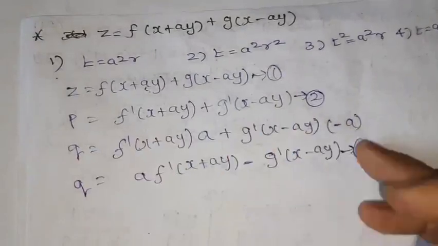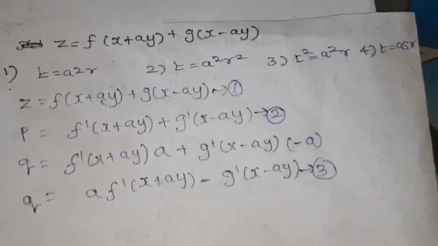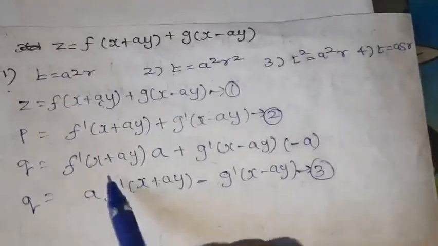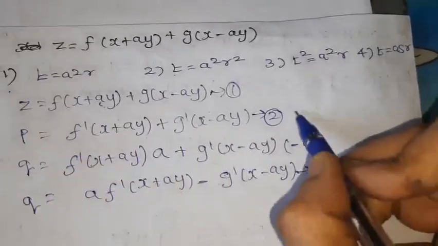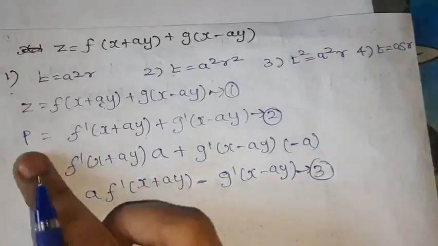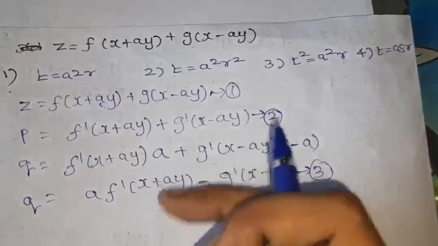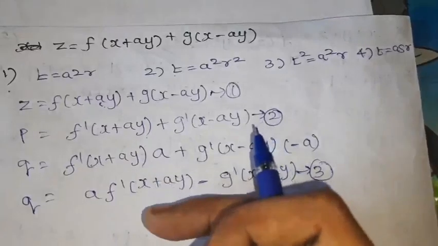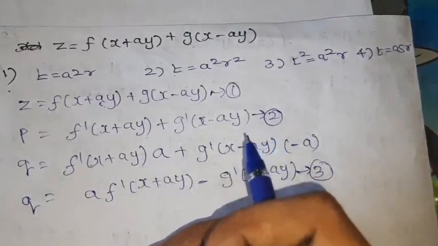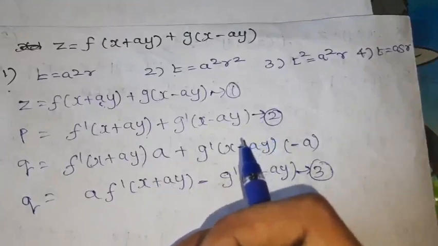Then we need to differentiate equation 2 with respect to x. Partially differentiating with respect to x, what will we get? Already p is denoted as ∂z/∂x. Again we need to differentiate that term. What will we get? ∂²z/∂x², the equivalent term is nothing but r, right?